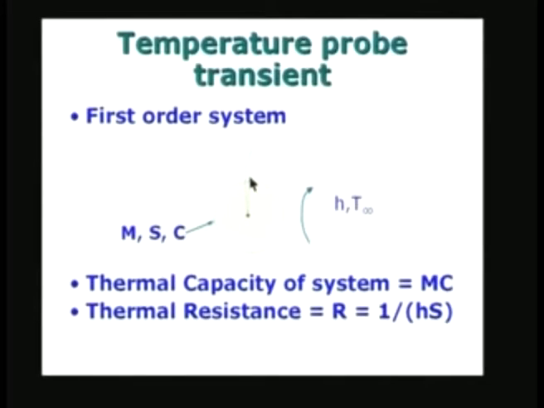We will also assume that the lead wires are very thin, so that there is no heat loss due to the lead wires which are attached to it. Of course, if the lead wires are going to conduct significantly, then we will have to take into account. That is not very difficult, but it becomes a little more difficult too in terms of the description of the problem.